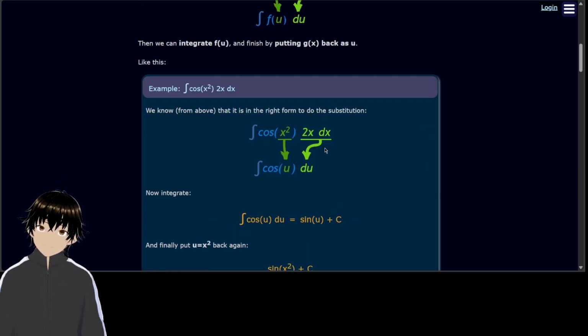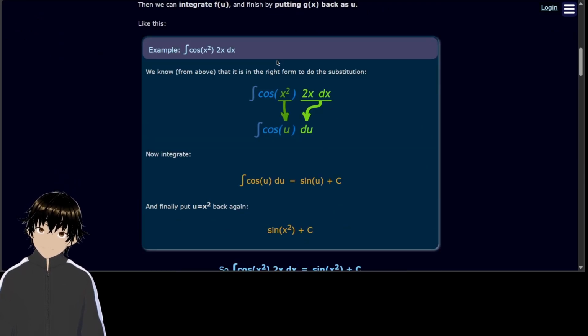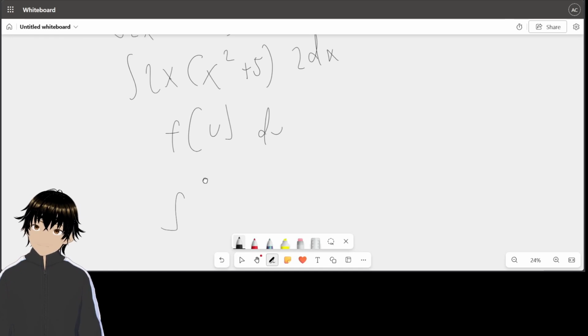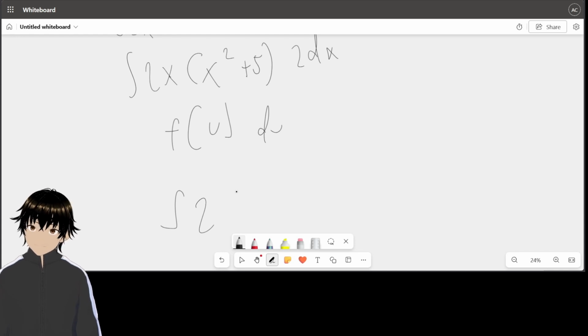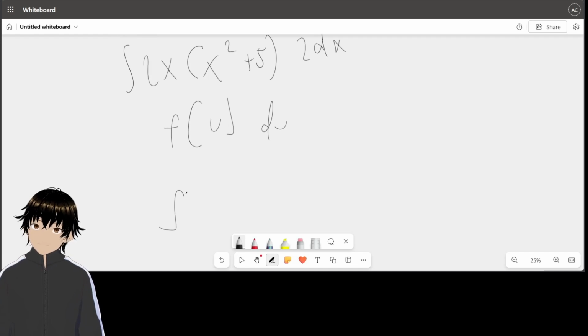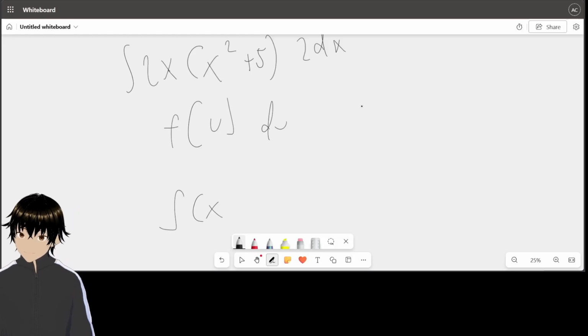Cosine x squared. I believe it's like this. So what's the point of doing that? No. So you just get the x squared? What? Hold on.